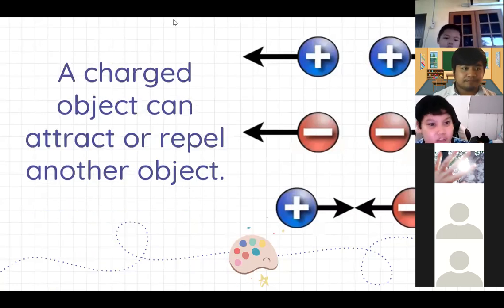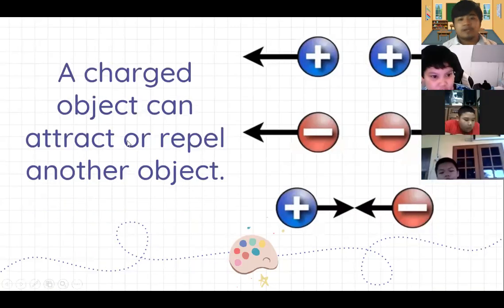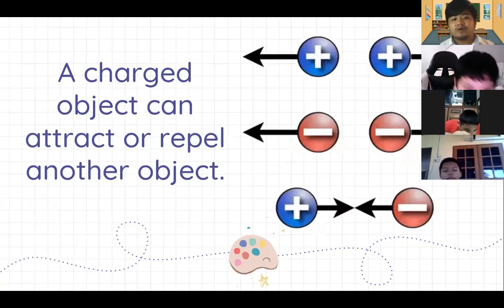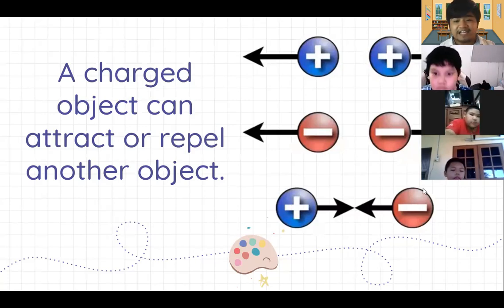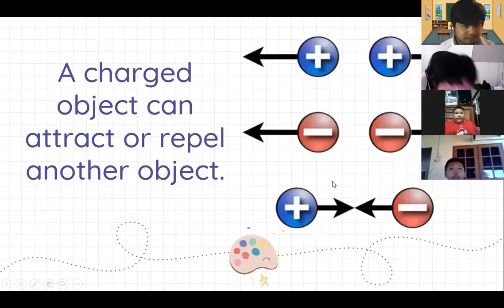All right. So here, a charged object can attract or repel another object. Positive and positive does not attract, they repel each other. Negative and negative, they repel each other, but positive and negative attract each other.